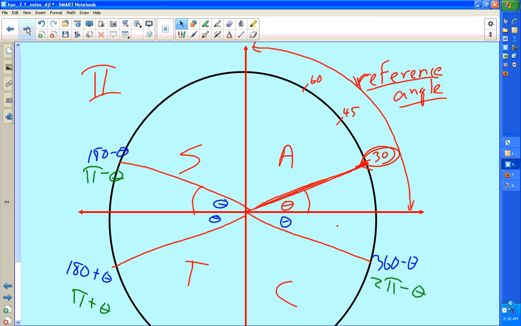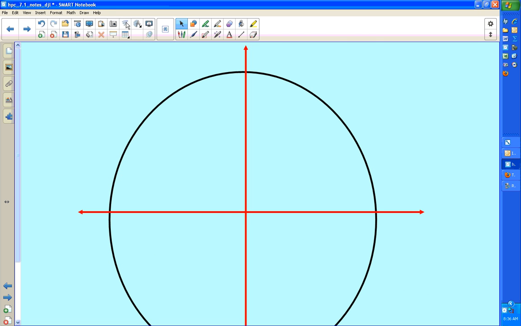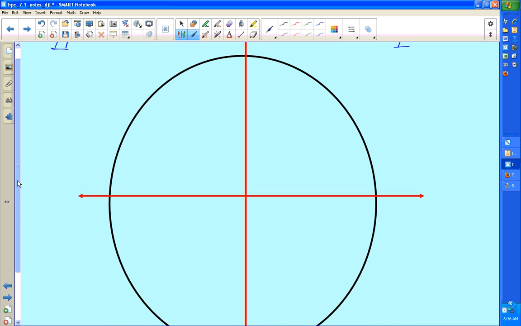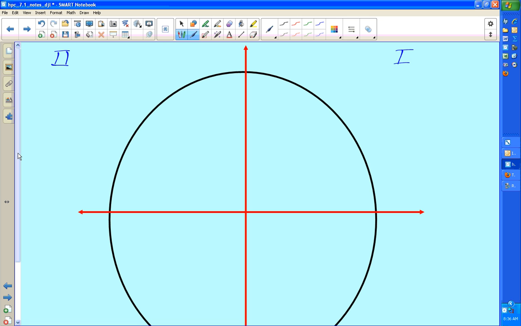In quadrant 1, well, up here, this is quadrant 2, this is quadrant 3, and this is quadrant 4. Our most important quadrant is quadrant 1.